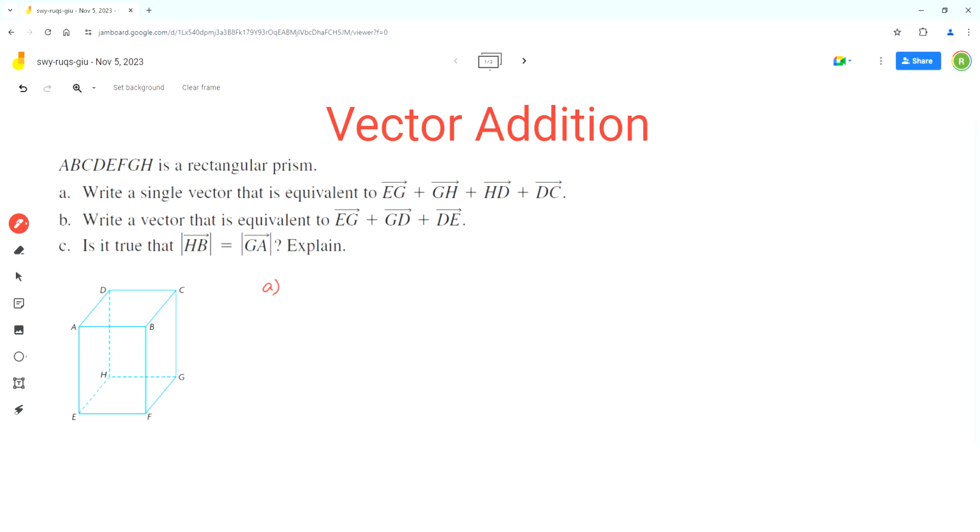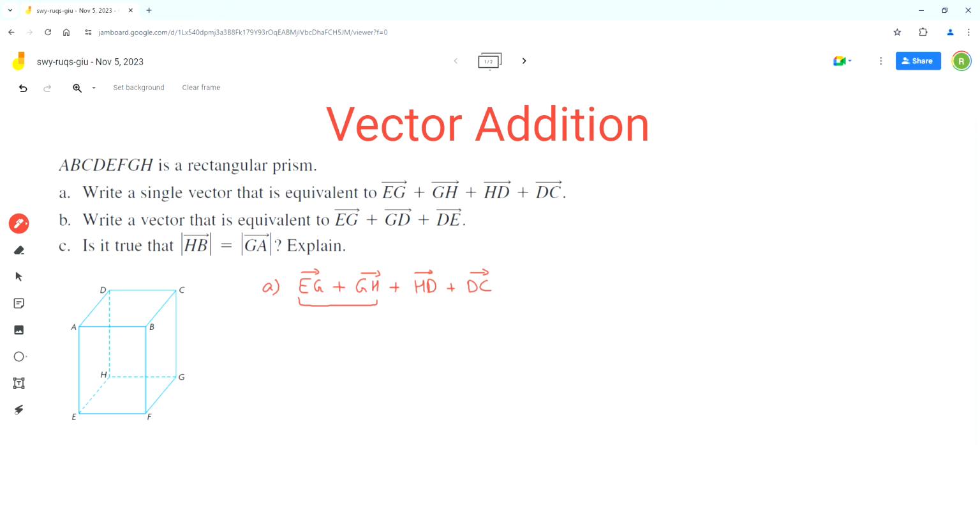So we have to write a single vector for vector EG plus GH plus HD plus DC. Let's start with the first two vectors, EG plus GH.